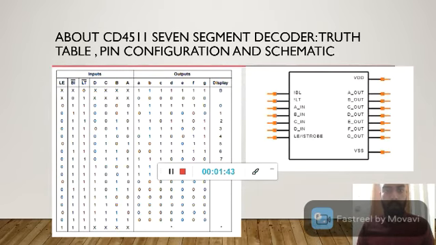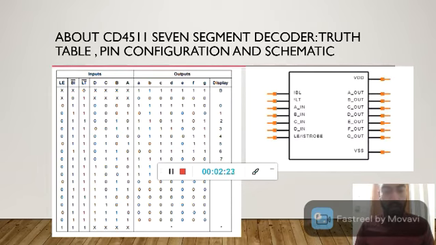Now I am explaining the CD4511 7-segment decoder, its truth table, pin configuration and schematic. The CD4511 is a BCD to 7-segment latch decoder driver IC formed with CMOS logic and NPN bipolar transistor output devices on a single monolithic structure. A 7-segment display is widely used to display numbers in many applications, and here is a simple driver circuit to convert BCD to a 7-segment display.